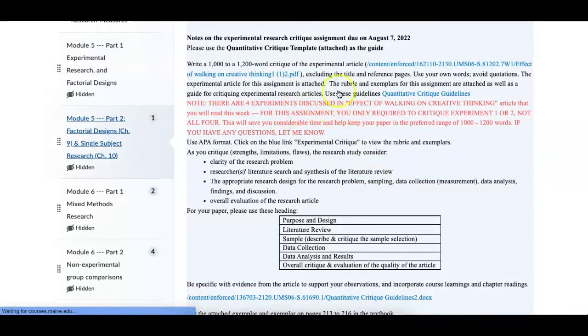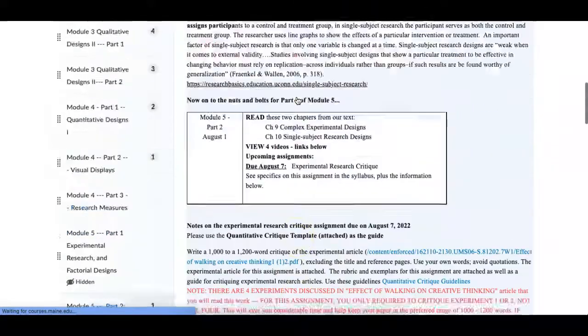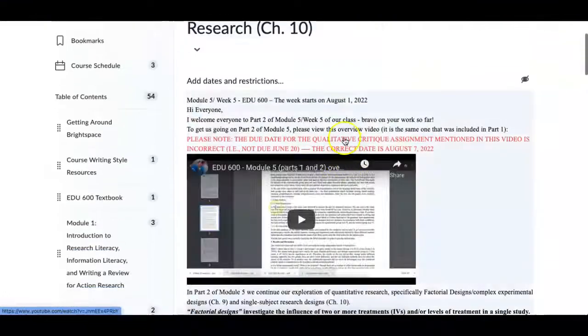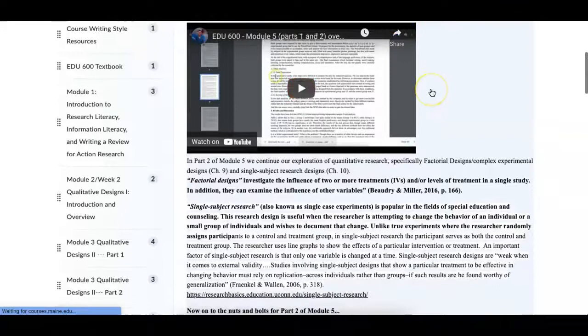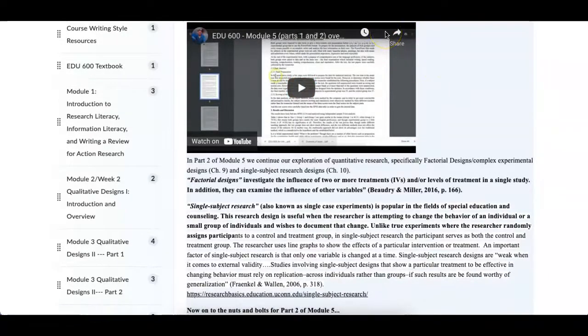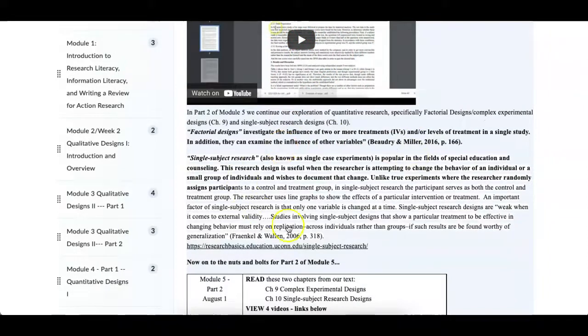So, once again, we have the assignments, the experimental critique. I put the disclaimer in here, too. The experimental critique is due on August 7th, not June 20th, as mentioned in this video. Descriptions about what is factorial design, single subject research.